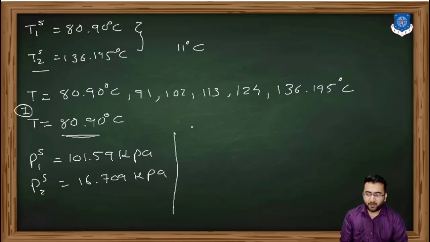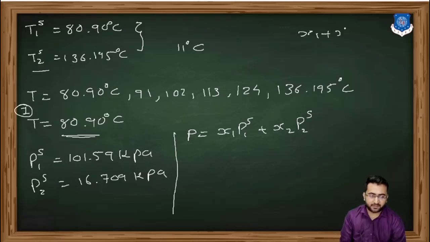So what is the bubble point equation? The bubble point equation for a binary mixture is P equals x1 P1 saturated plus x2 P2 saturated. We know that x1 plus x2 is equal to 1, so x2 is equal to 1 minus x1.